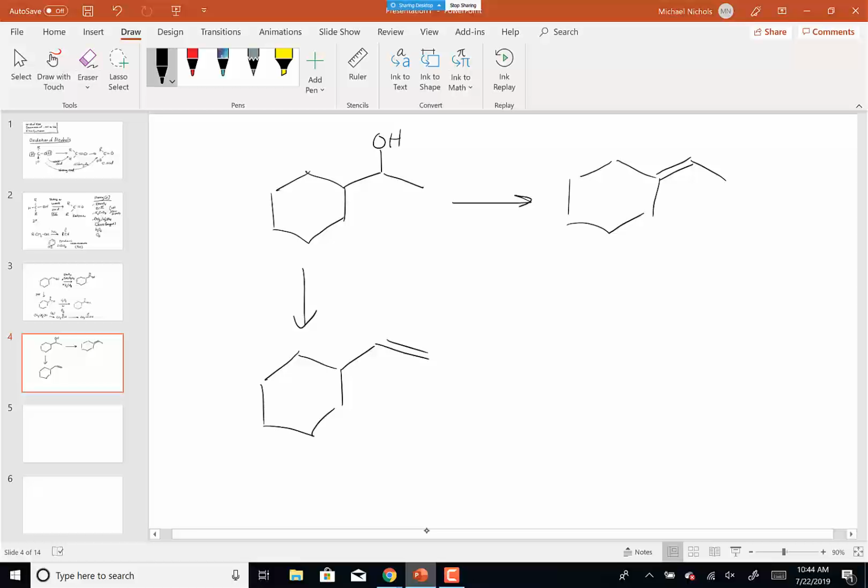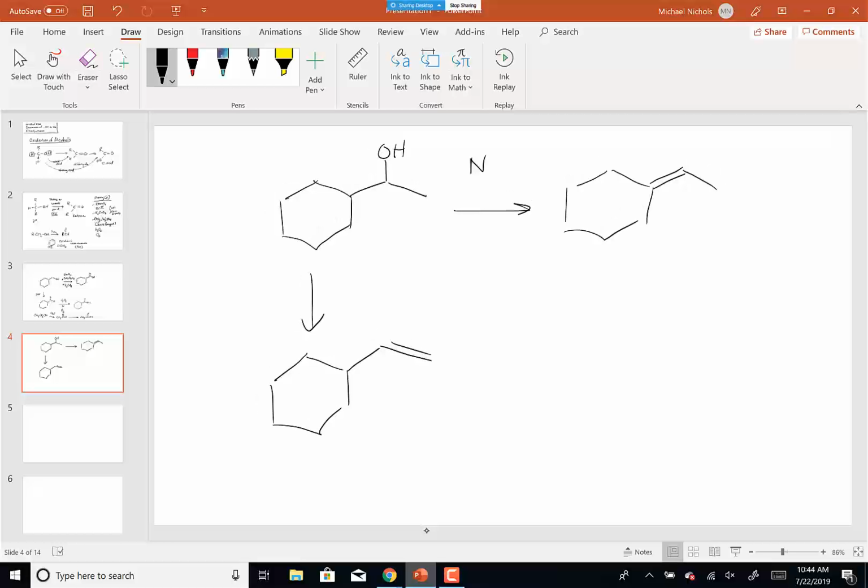So what could I use to make which one? So you want to use NH2 minus to make the top one. What do you want to use to make the bottom one?